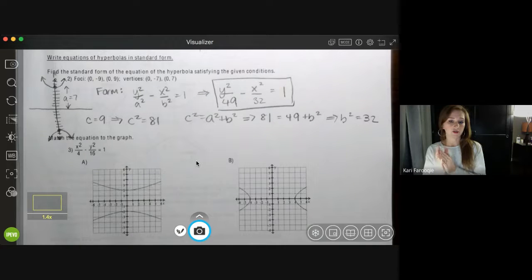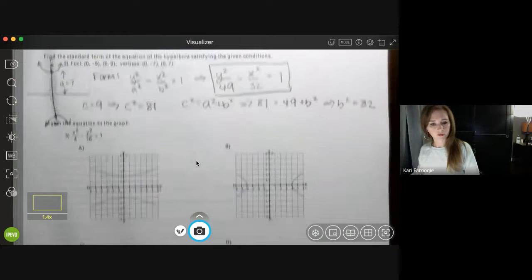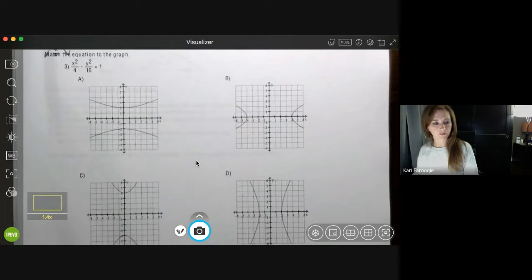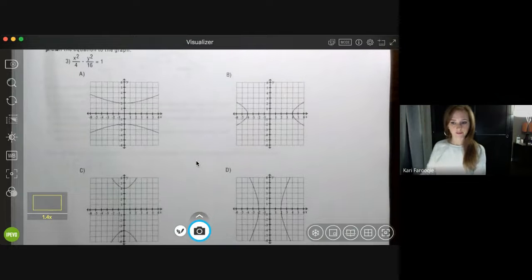Do you guys have questions on number 2? Okay. Number 3, match the equation to the graph. Okay, you do this one. Oh, wait.